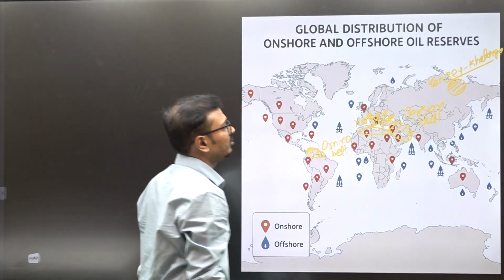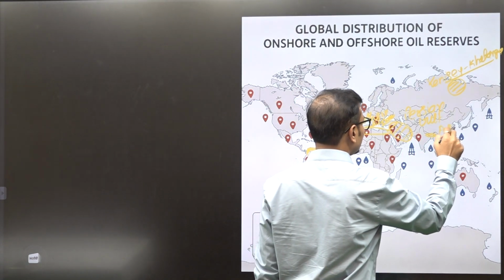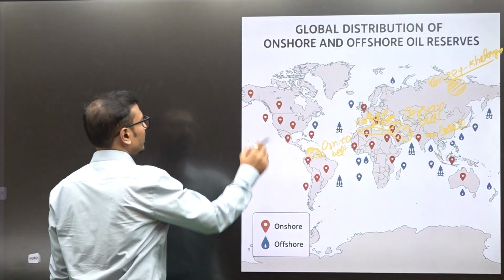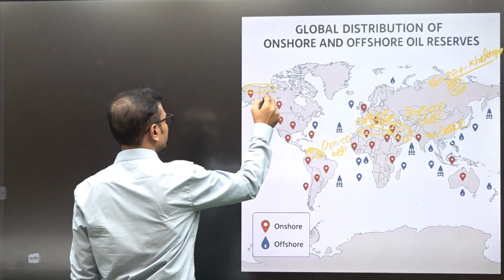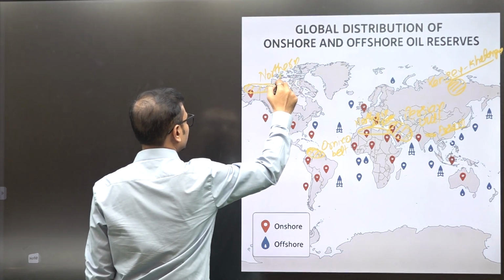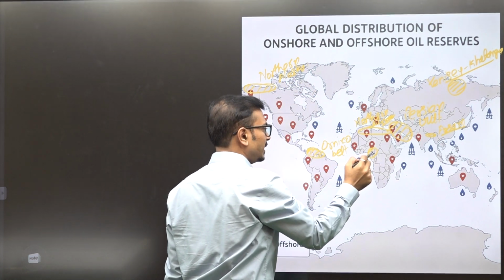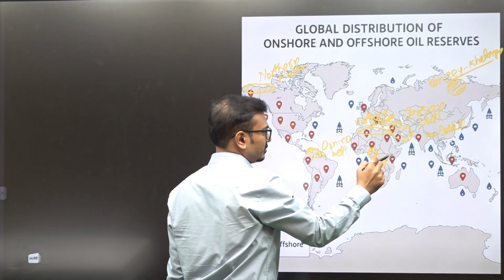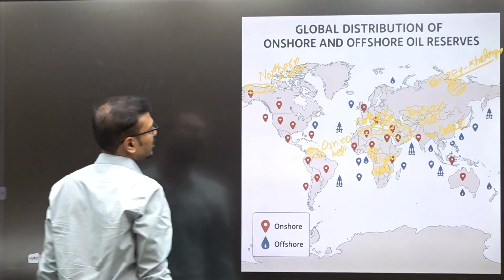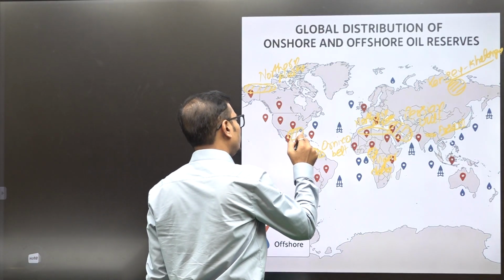Then in India, you can mention the Brahmaputra or Upper Assam basin. Then Northern Alaska, with significant reserves, and in Africa, the Niger Delta. Now, for offshore reserves, you can talk about the Gulf of Mexico.